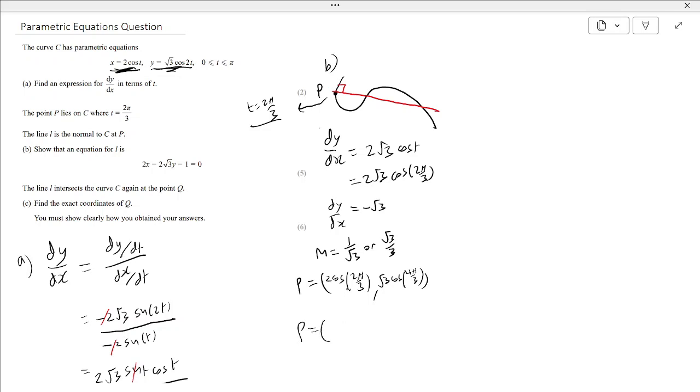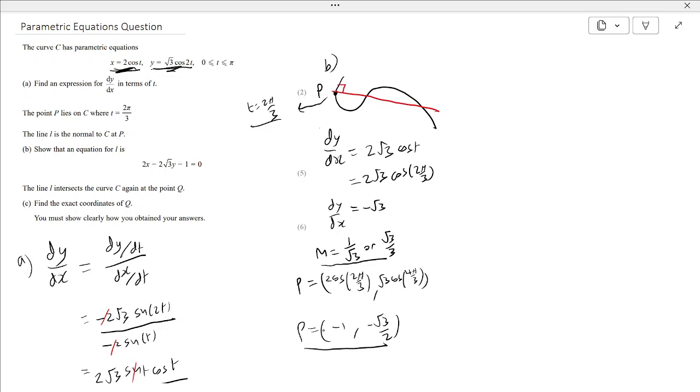Right, so cos 2 pi by 3 is negative 1/2. Cos 4 pi by 3 is also negative 1/2 actually. So here are the coordinates of our point P. Here's our gradient. We can just use those to calculate our straight line.